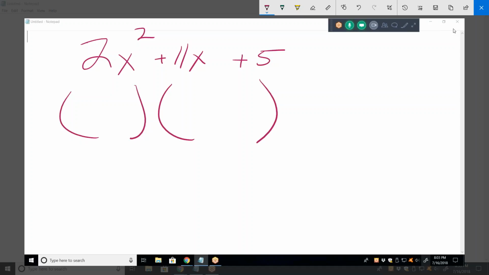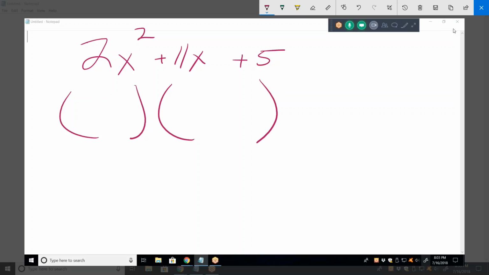Is there one? Okay, so we're left to quadratic factoring. Now, the only thing that makes this second level is the fact that I've put a coefficient in front of the x squared term that is not 1. And that changes everything when it goes to factoring it.